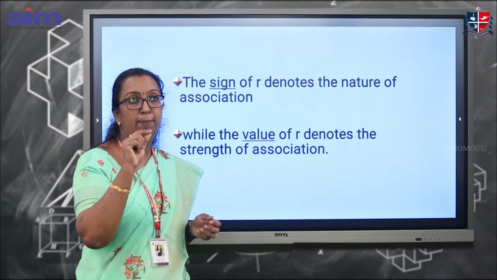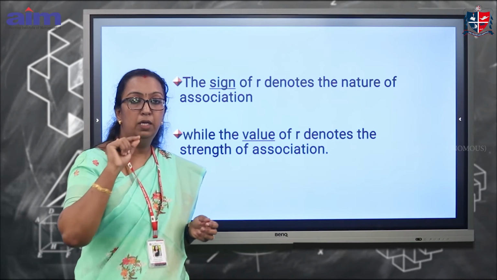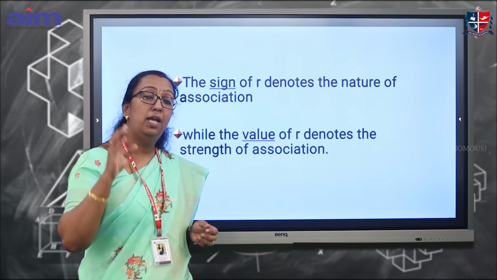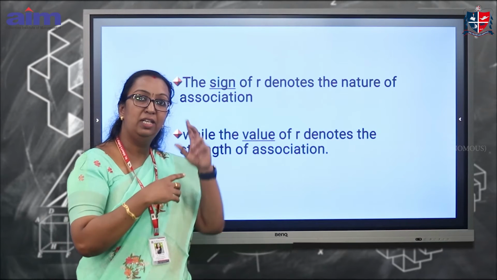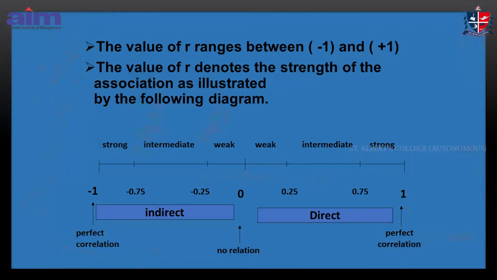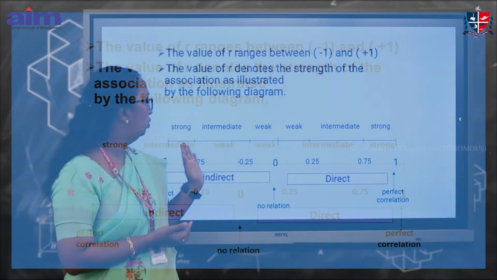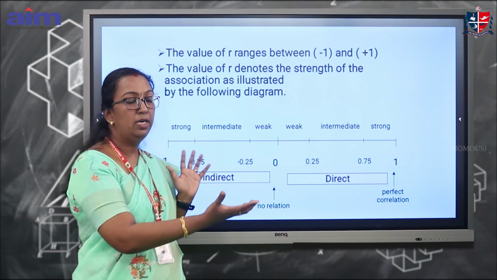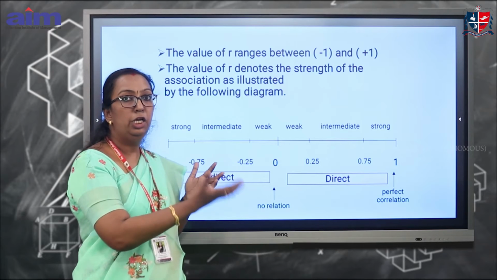For example, if you are getting r equal to -0.8, that means it is negatively correlated and it is a strong correlation. So you get the degree as well as the strength of the relationship. This is the continuum in which you can understand the strength and degree of the relationship.